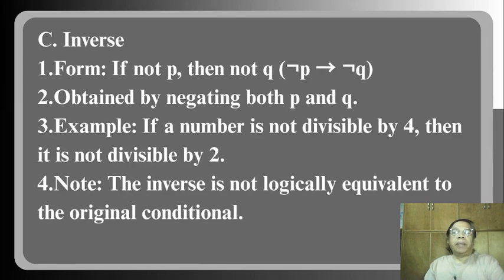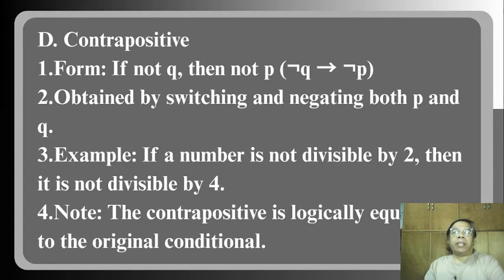Now we have the contrapositive. Form: if not Q, then not P. Obtained by switching and negating both P and Q. Example: if a number is not divisible by 2, then it is not divisible by 4.